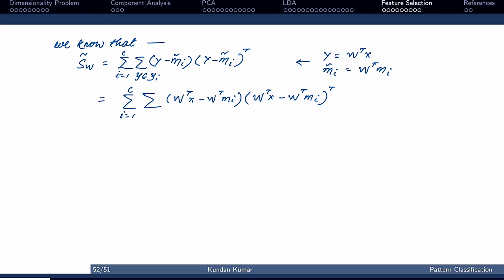Now here we have X, where X is the set of samples from set Di. Now we can take out the terms which can be taken common.